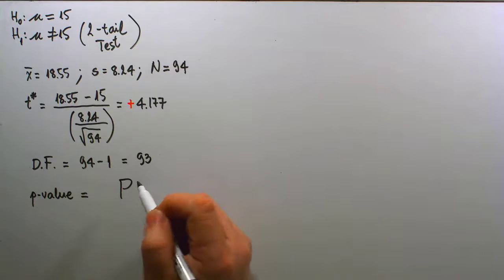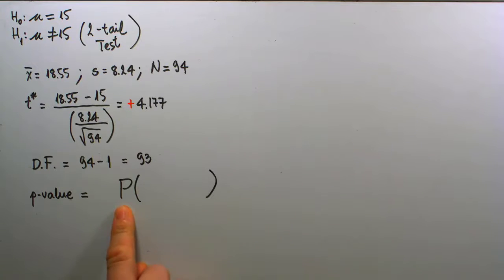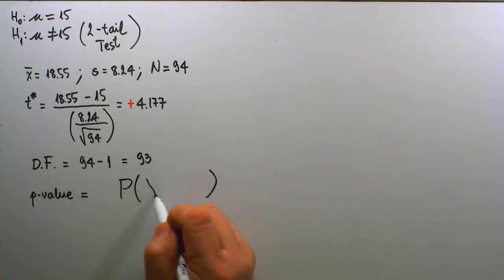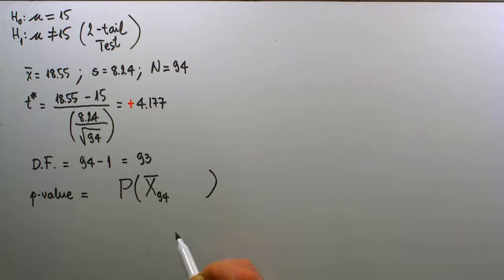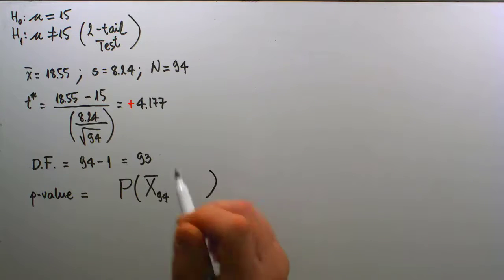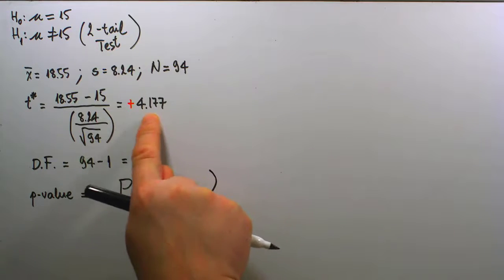So I'm going to fire up a probability calculation to find a probability that among all sample means at size 94 this time, we're looking for the probability where our sample mean is... Now, it is important that I emphasized earlier that the t-score here is a positive t-score.